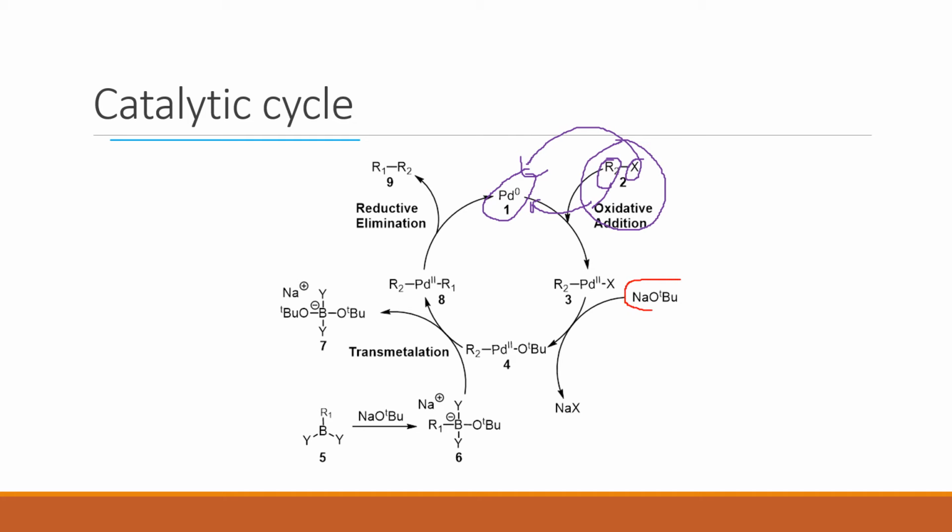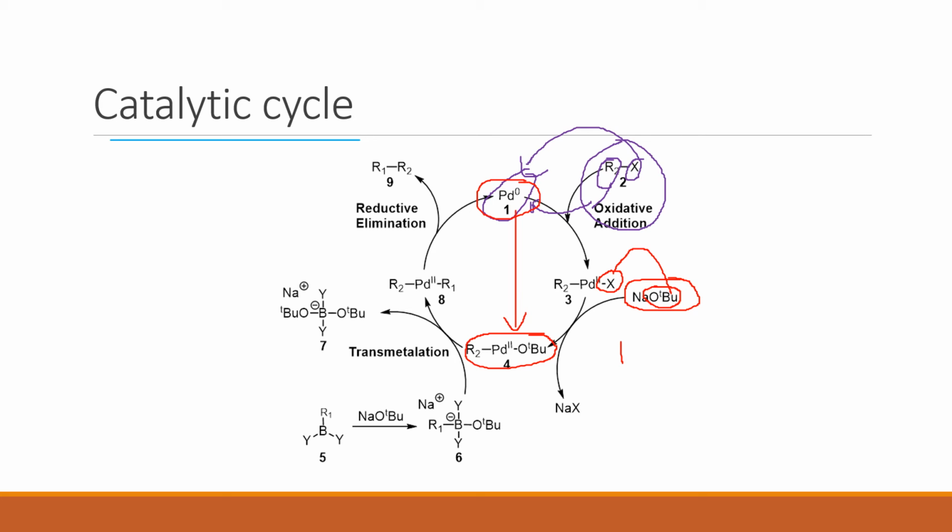After that step, the NaOH base, especially this butoxide, is going to extract this X group from the palladium. You get that group over there with the R group still attached to the palladium. Now you can see that the palladium has undergone oxidation.